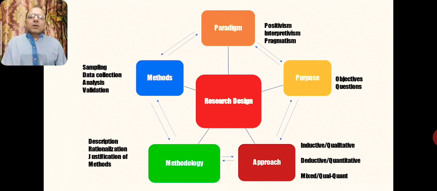It is a whole combination and a complex relationship of these different factors that lead to our research design. So I think this is quite a complex issue and a complex concept of how to design particular research studies.